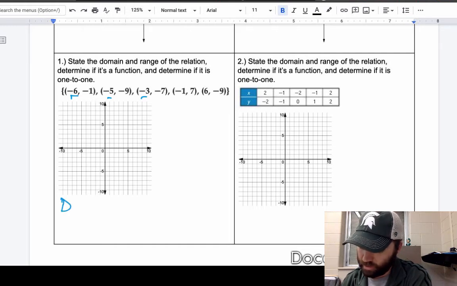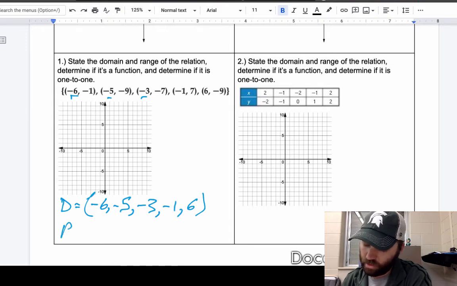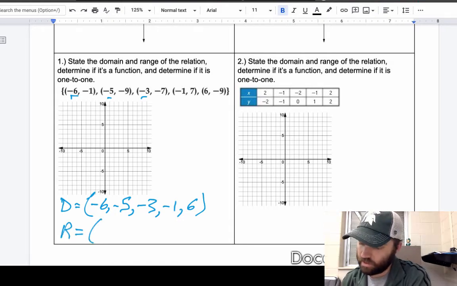So the domain is equal to -6, -5, -3, -1, and 6. And then the range is all the y values. All right, so we have -1, -9, -7, 7, -9.